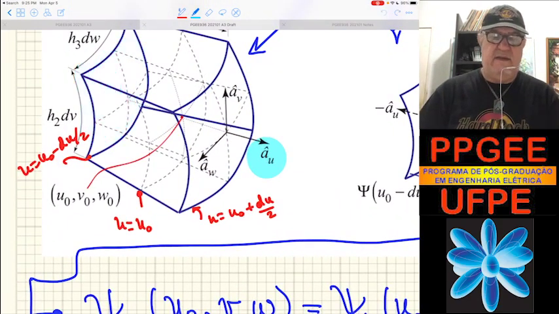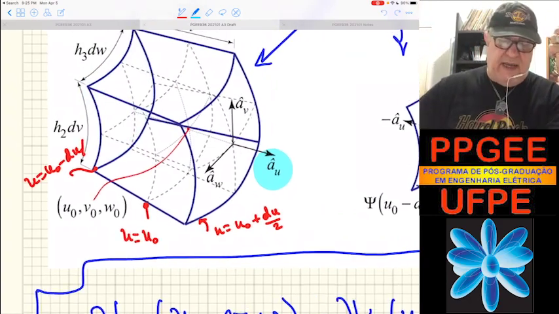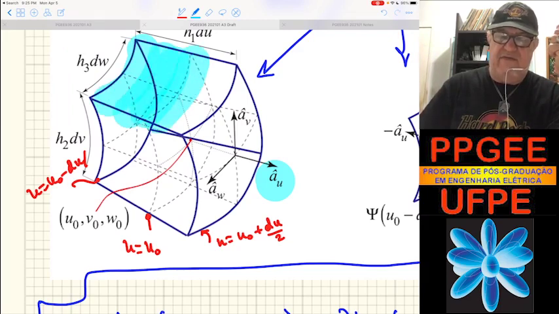These are the u equals constant. Then you have to calculate the integral across the surface. The second surface is a_v, this one horizontal here. One face, and the other face, the lower face here.